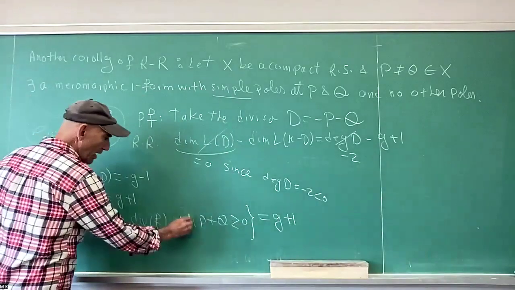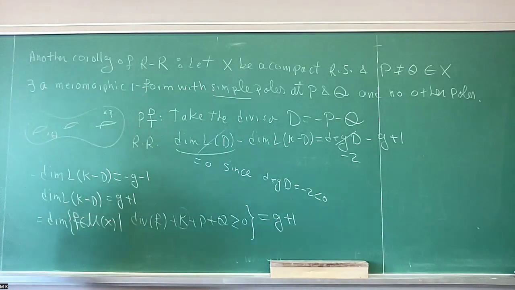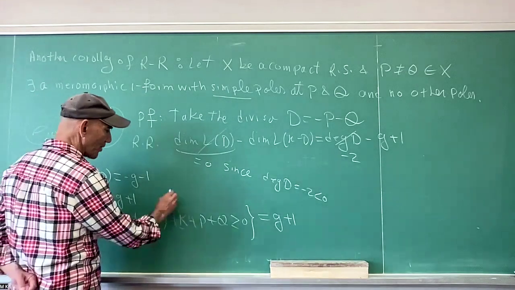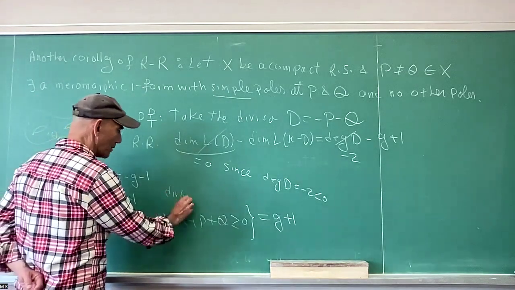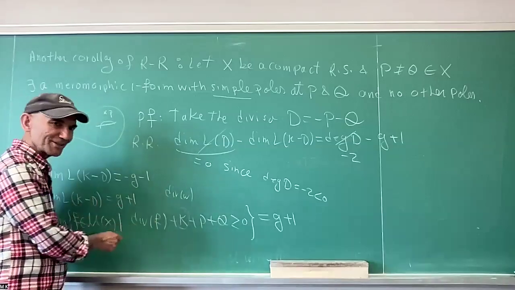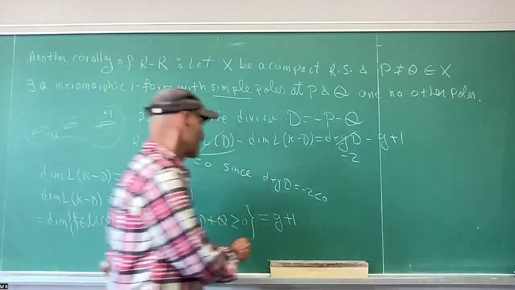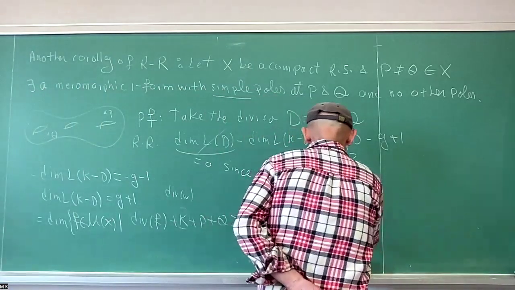Now, I said that Riemann-Roch also tells you information about meromorphic one forms in the following way. Because this K, you can always write as the divisor of some omega. And then divisor of F plus divisor of omega is divisor of F omega, and then now you have a one form. So let's say this now.